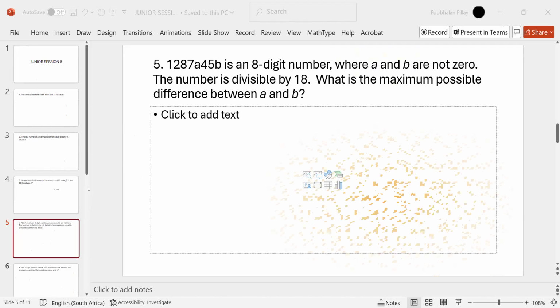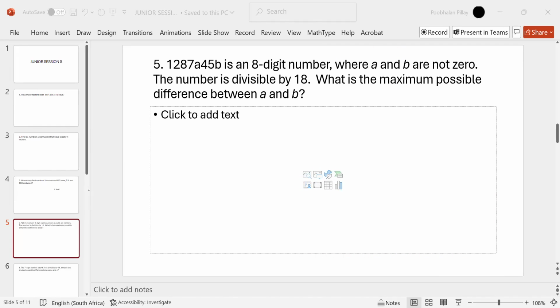So you've got a large number, 12 million something. But 2 of those digits are missing. But it's given that A and B are not 0. So this means that A is equal to 1, 2, 3, or something like that.